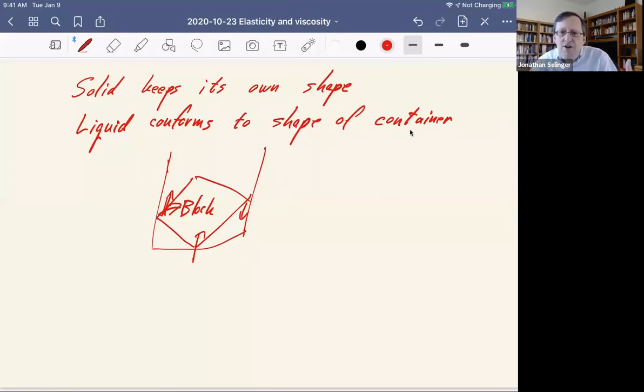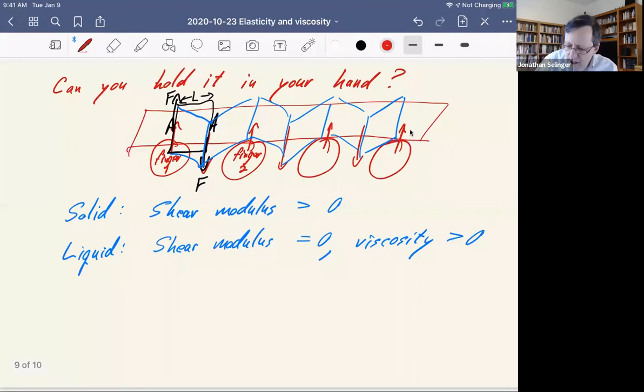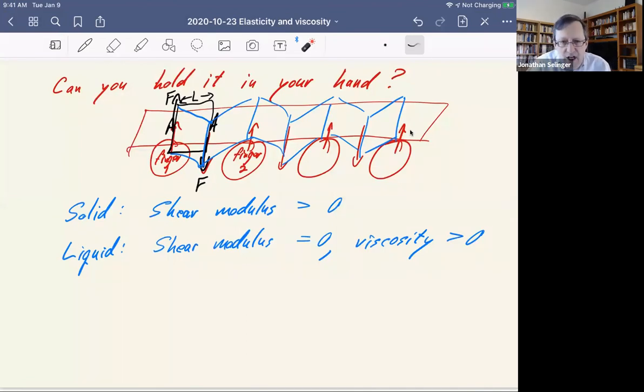And then there'll be no more net forces acting on it and it'll stop, okay? So this issue of the shear modulus equals zero versus shear modulus not equal to zero, this is the distinction that people have in mind with that kind of a description of solids versus liquids also.